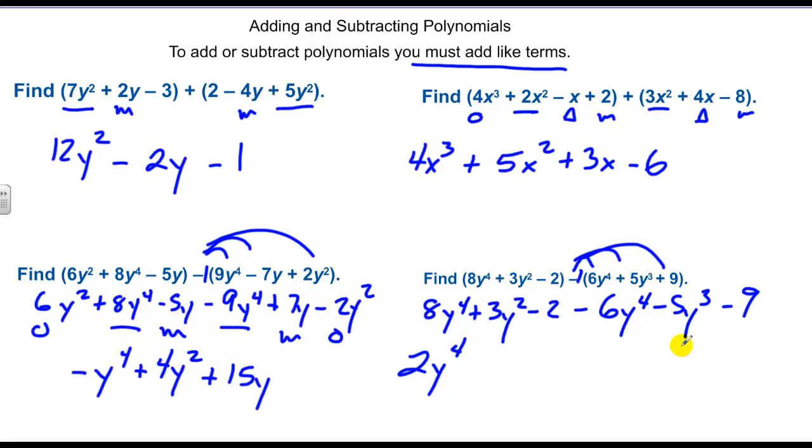I've got a third power here, no third power over here, so I list the third power, keeping it in standard form. Then squared, but no squared to the right, so I keep that term as well. And then I look at constant terms, which is negative 11.